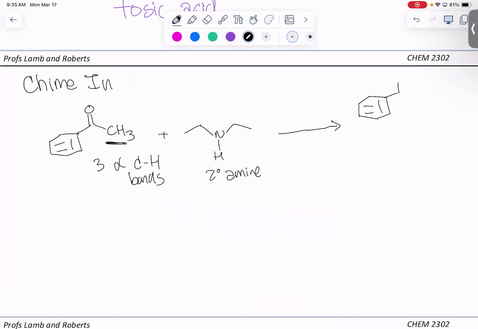All right. So one of the answers that we had was our imine. But here we've lost an ethyl group. All right, we started with a secondary amine and we end up with 1 here. That's wrong.